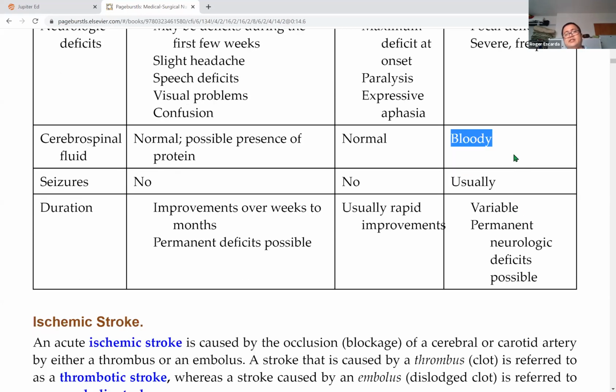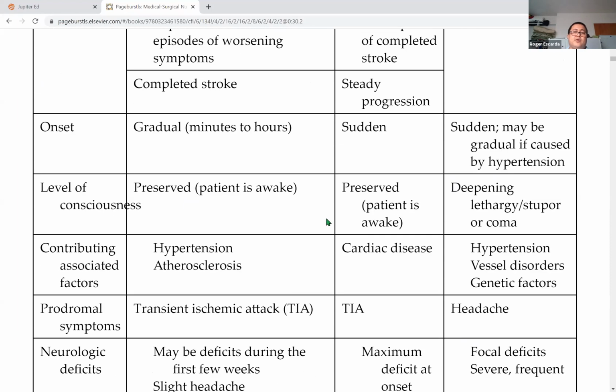So the increase in ICP here triggers a seizure in hemorrhagic stroke, not so in thrombotic or embolic stroke.